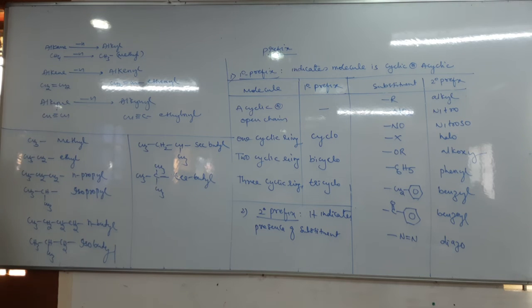Tell me, how to identify n-iso-neo, secondary, tertiary, etc. Do you understand what is the meaning of n? It is normal chain. Iso, there is one branching. Neo, two branching. So remember, n-iso-neo, all three are having primary carbon except isopropyl. See, this is isopropyl, it has secondary carbon. But usually n, iso, neo always have primary.